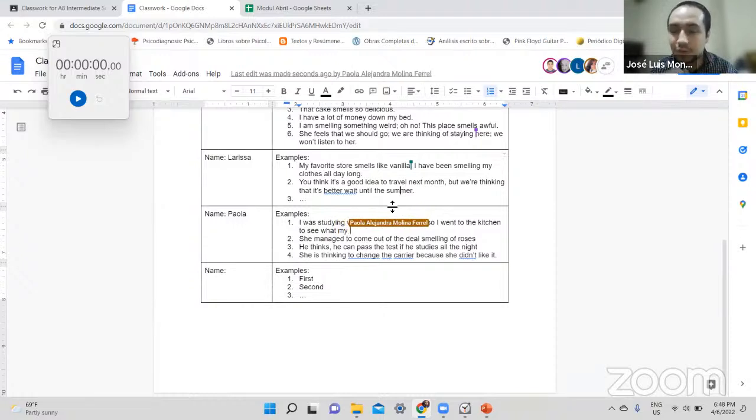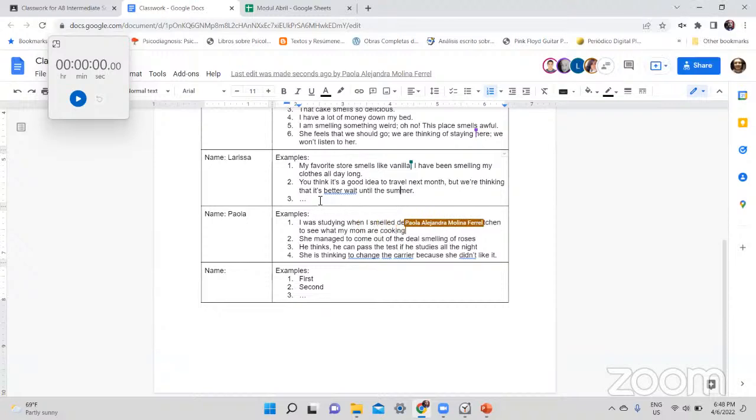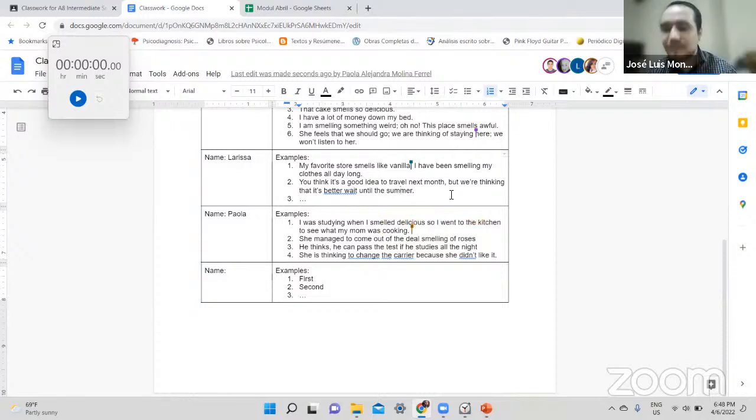What about the second one? Let's read one more time the second one, please. You think it's a good idea to travel next month, but we're thinking that it's better to wait until the summer. All right, thank you very much, Larissa. Now, here it happens the same, right? In other words, you say, you think that it's a good idea to travel next month.